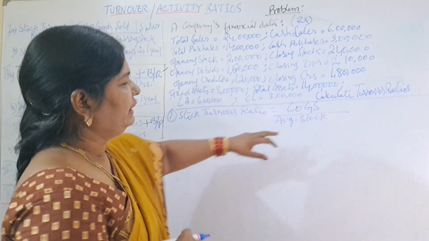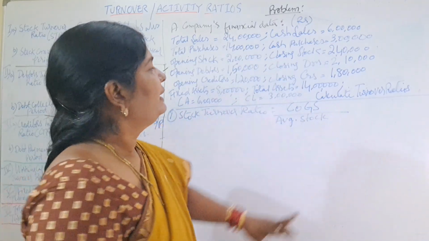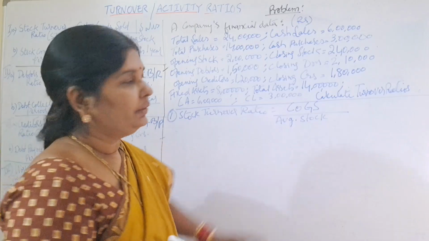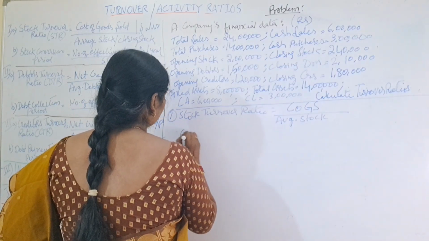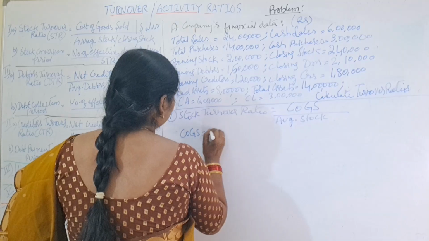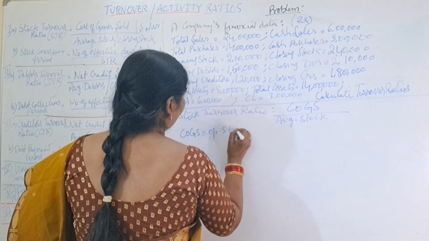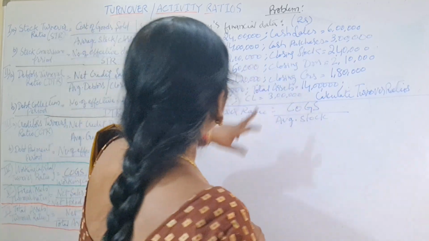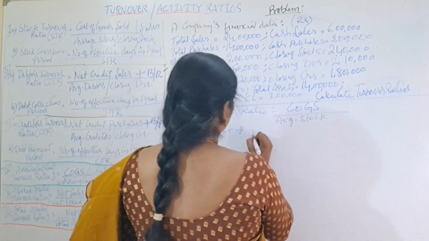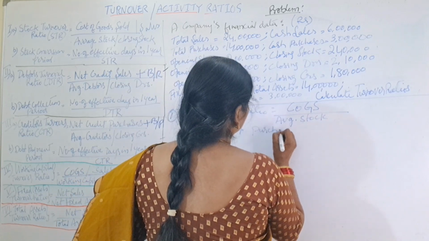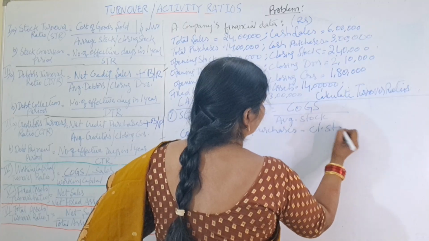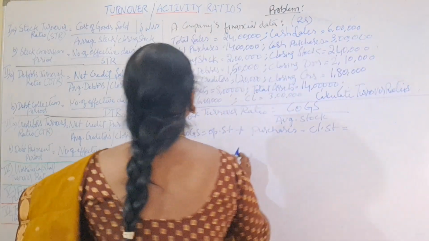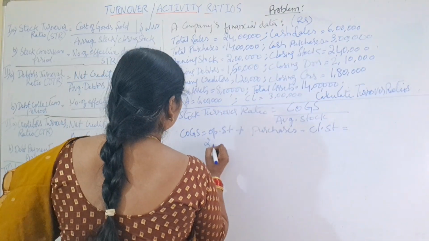Right? So how will you calculate cost of goods sold? For calculating cost of goods sold, we require opening stock plus purchases minus closing stock. What is our opening stock amount? 2 lakhs.